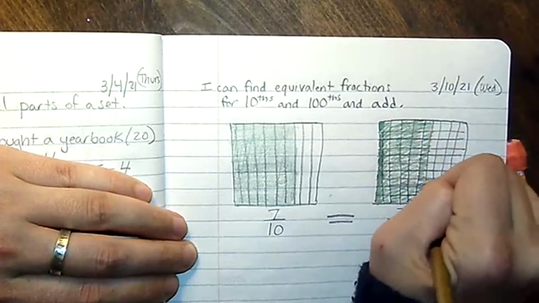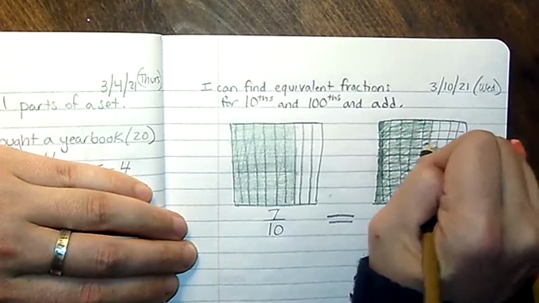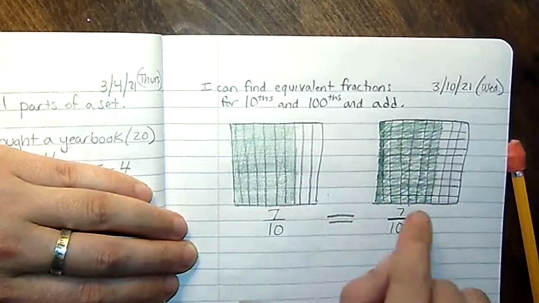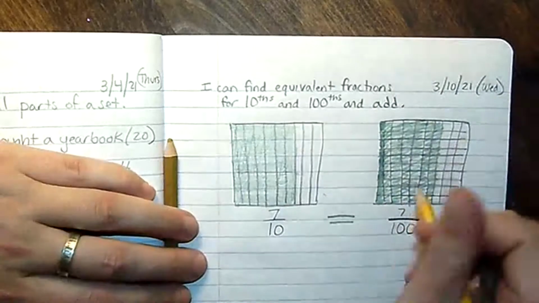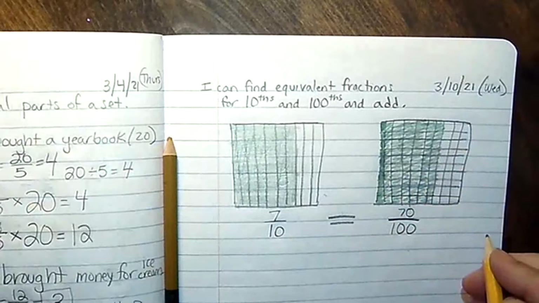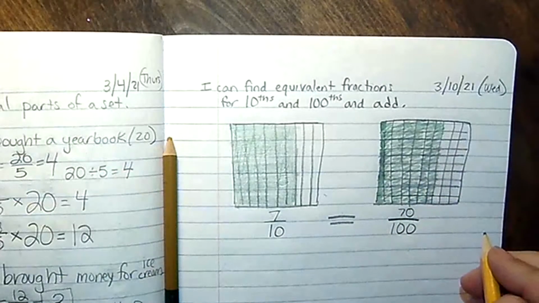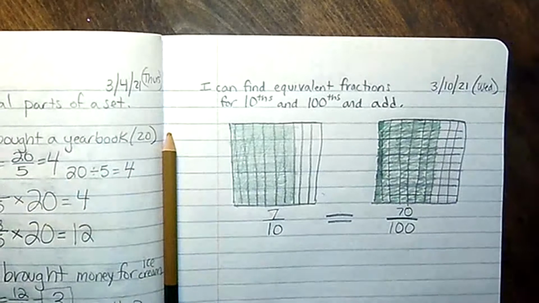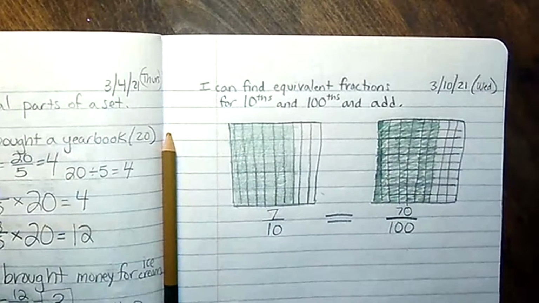Another row would be 70. Now that actually looks equal to me. Look at how much is colored in green and how much is colored in green. I think we could say that 7 tenths is equal to 70 hundredths. That's what we're going to be working on today, changing our numbers to be equal to each other.